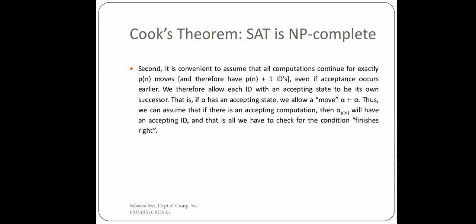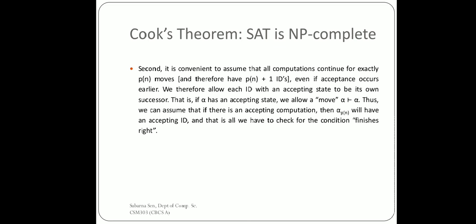Now since we are defining that all computations will have exactly p(n) moves, if we have to write an ID for an accepting state, in that case we also have to keep a successor of the accepting state, because if we can incorporate a move like alpha transits to alpha, that means alpha, the ID for the accepting state, is transiting to itself, then we can apply this generalized technique to all, right?